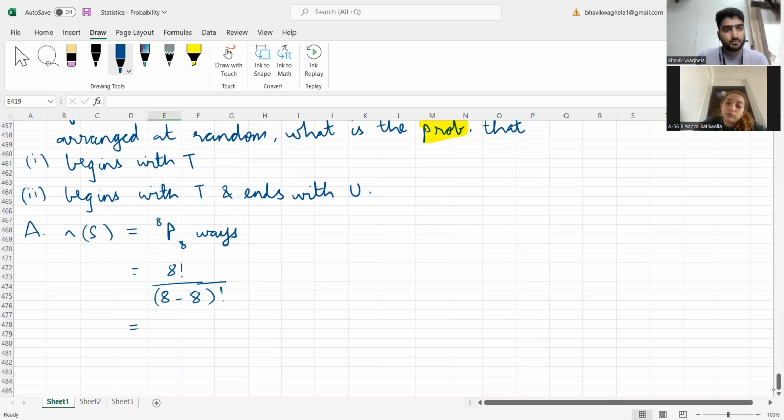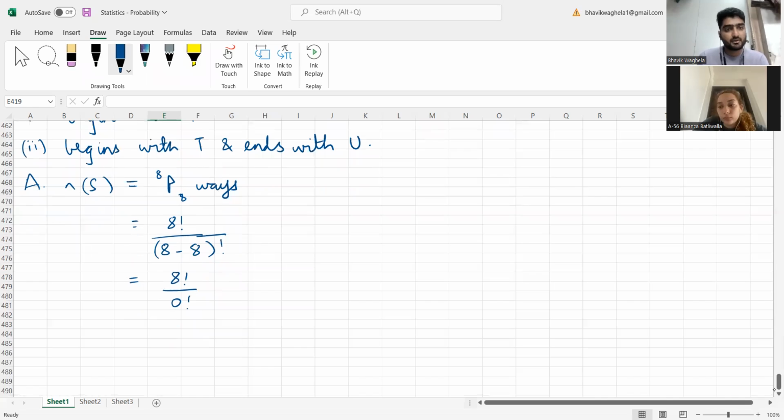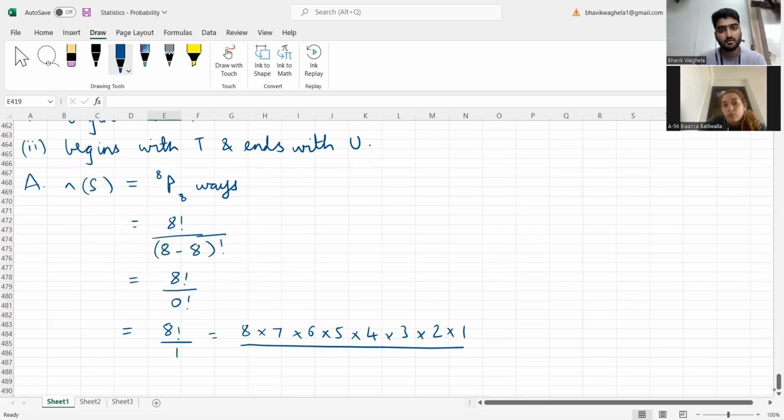So it's 8 factorial upon 0 factorial. Do remember 0 factorial is 1. Please copy this down that 0 factorial is always 1. So it would be 8 factorial upon 1, which is 8 into 7 into 6 into 5 into 4 into 3 into 2 into 1 upon 1.